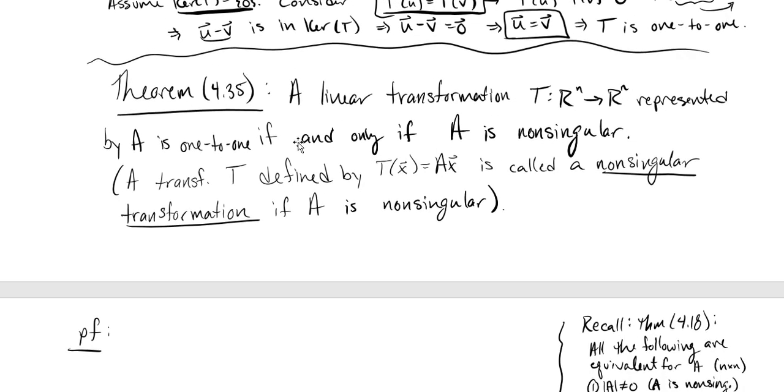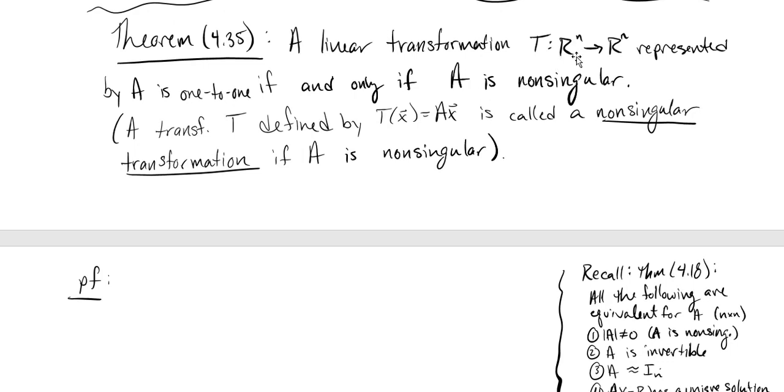Let's look at this next theorem, 4.35 in your textbook. A linear transformation just taking Rn to Rn, so a very specific type of linear transformation, represented by a matrix A, right? We're going to say this linear transformation represented by A is 1-to-1 if and only if A is a non-singular matrix.